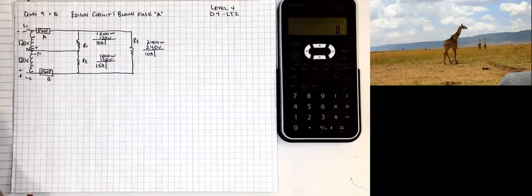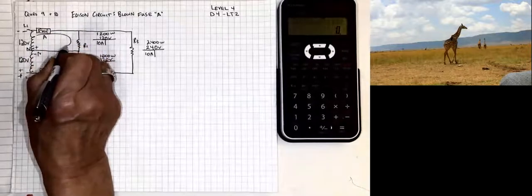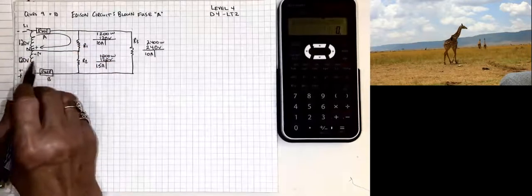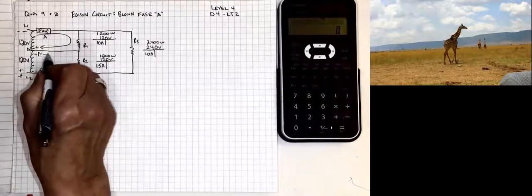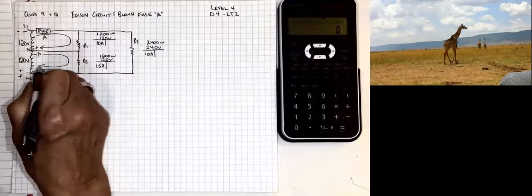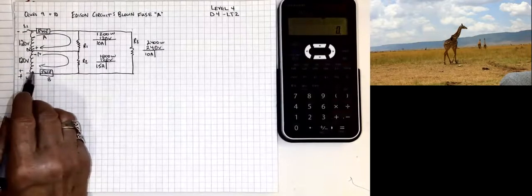So if we look at the current flow, we have some current coming out of the negative going to the positive in that 120 volt loop, and then coming out of this negative and going back this way, so out of the negative in the center back to line 2.